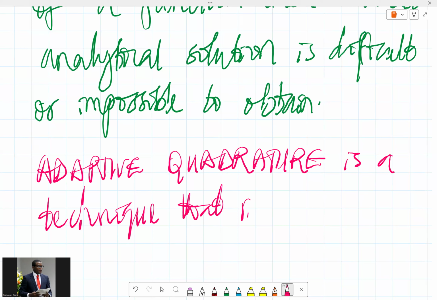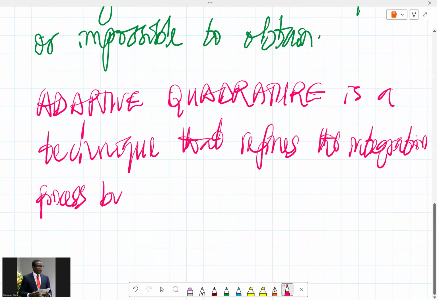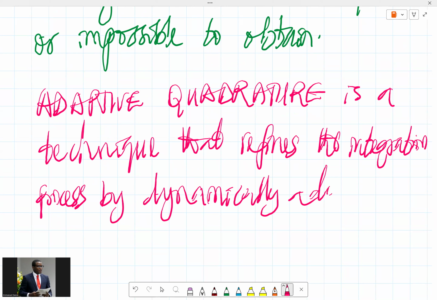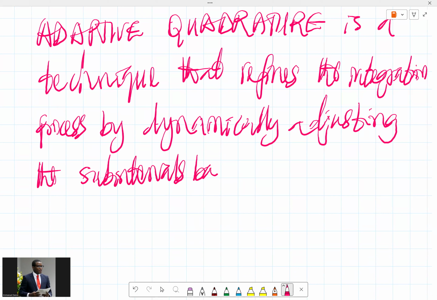It's a technique that refines the integration process by dynamically adjusting the subintervals based on the estimated error.